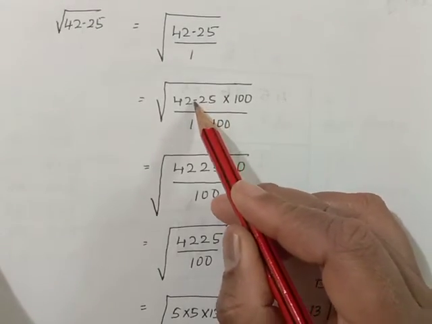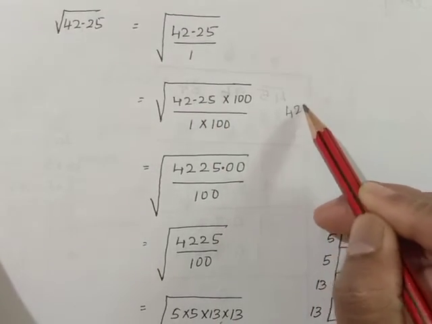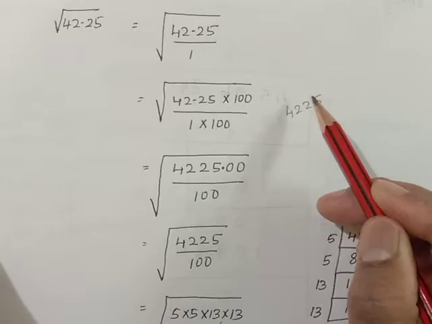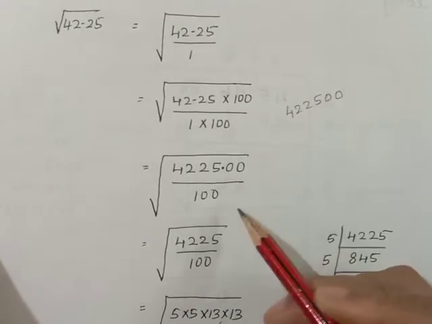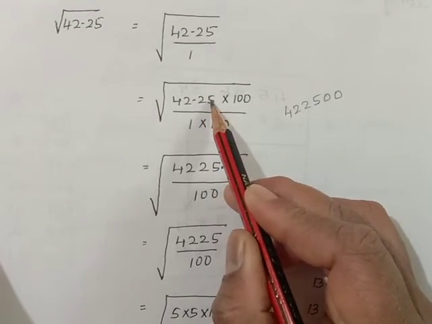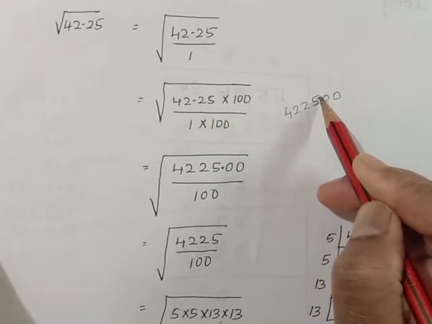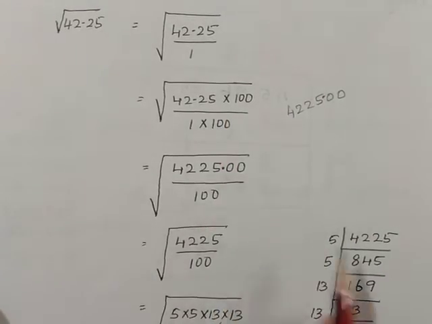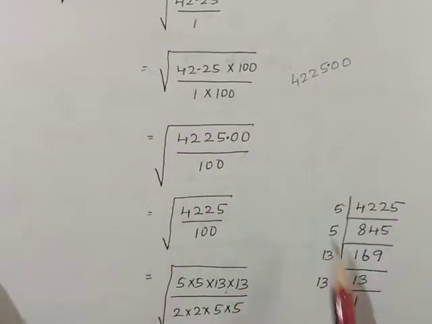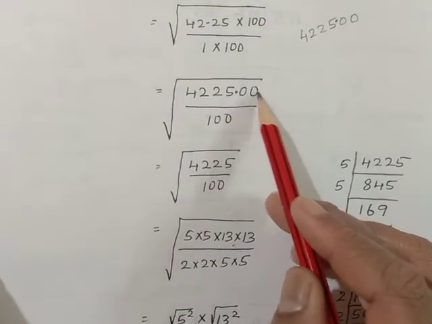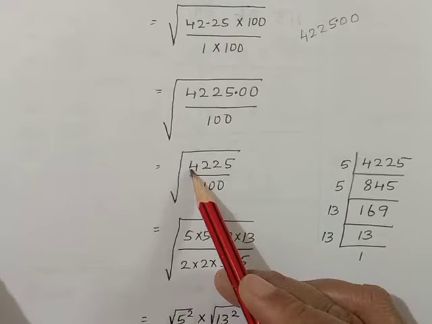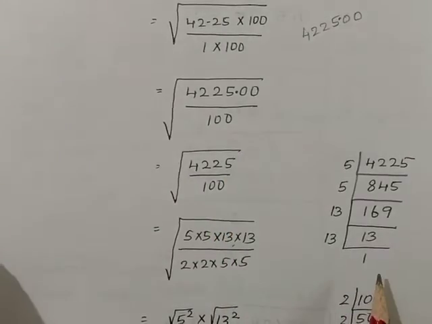Here they have placed the point before two digits, so you place the point before two digits. So next to the decimal point there is no value, we can write 4225 divided by 100.